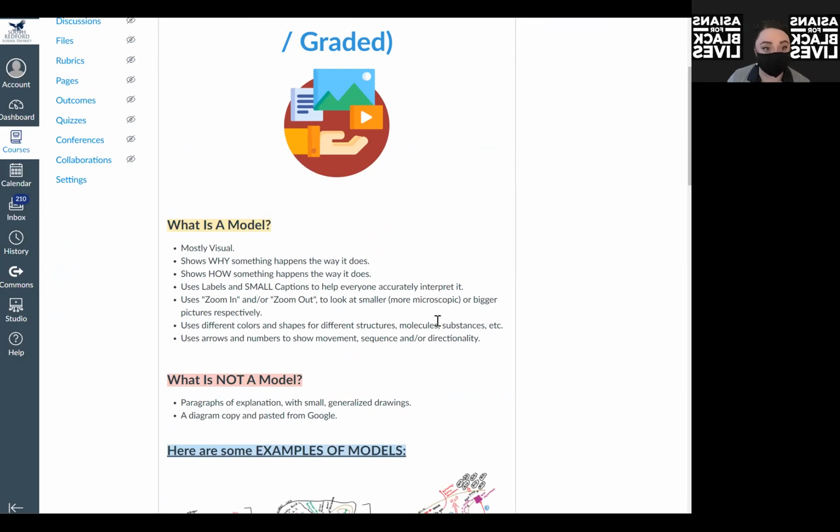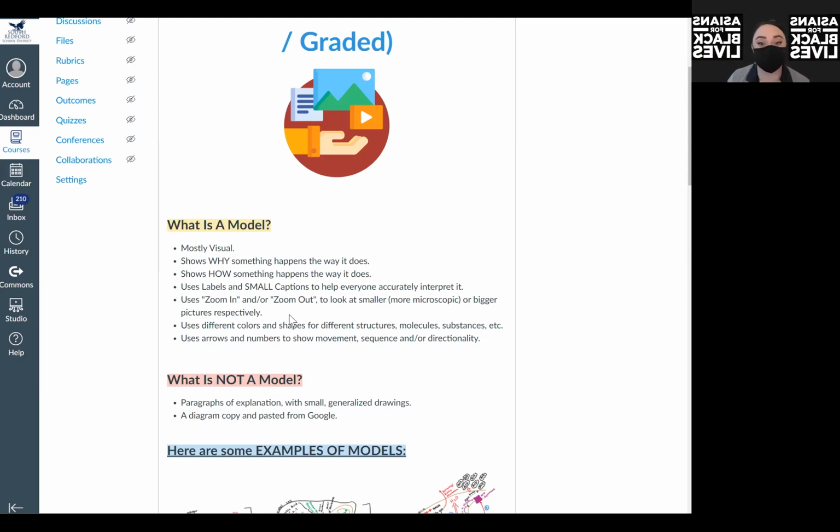So a model here for us should be mostly visual. It shows why something happens the way it does. It shows how something happens the way it does. We use labels and small captions to help everyone accurately interpret it. You can use an idea of like zooming into a picture or zooming out to look at a smaller, more microscopic inside image of what's happening, or a bigger picture.